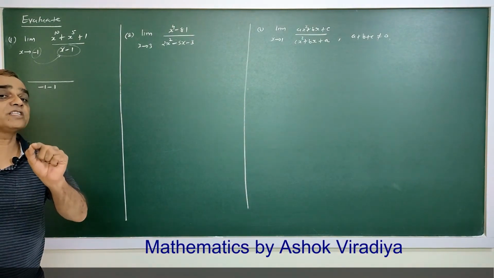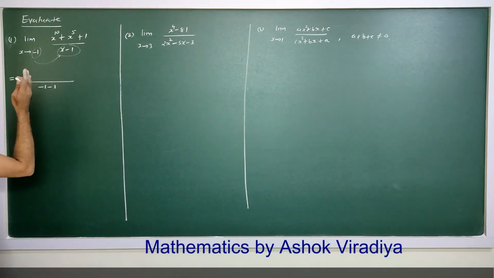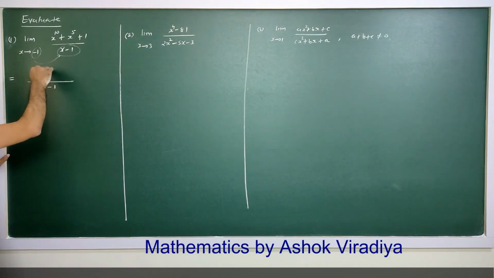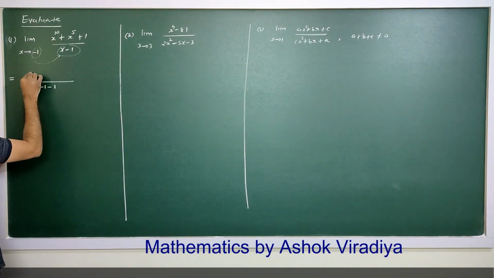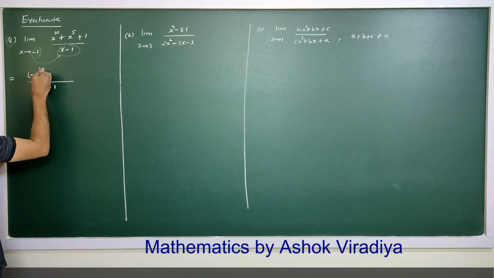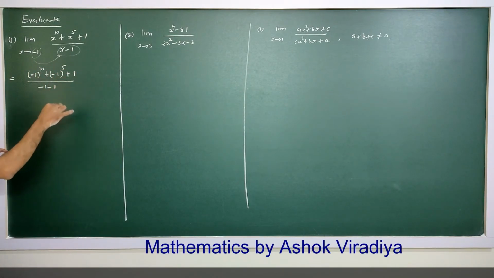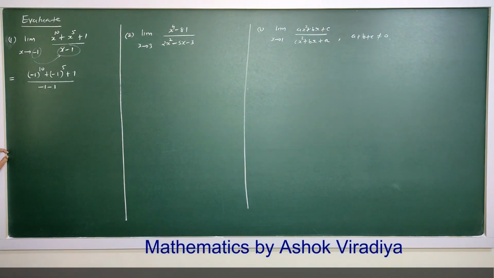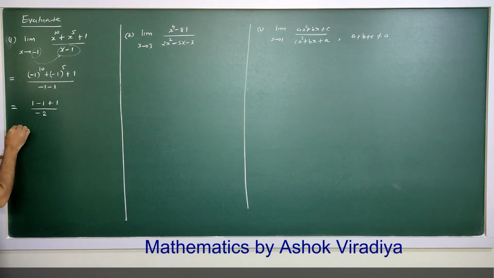If the denominator is non-zero, then we are allowed to put the value in denominator as well as numerator. Hence put value in numerator. So here minus 1 raised to 10 plus minus 1 raised to 5 plus 1. So this is equal to minus 1 raised to 10 is 1, minus 1 plus 1 upon minus 2. So this is minus 1 by 2.